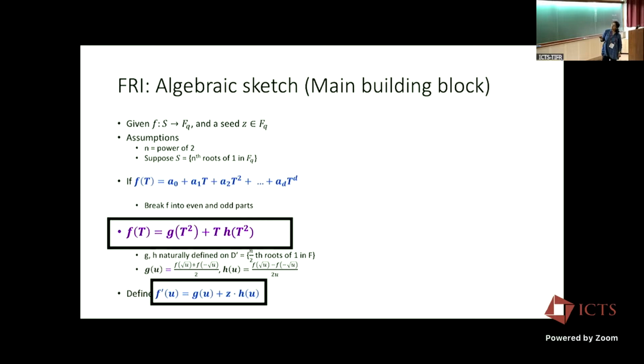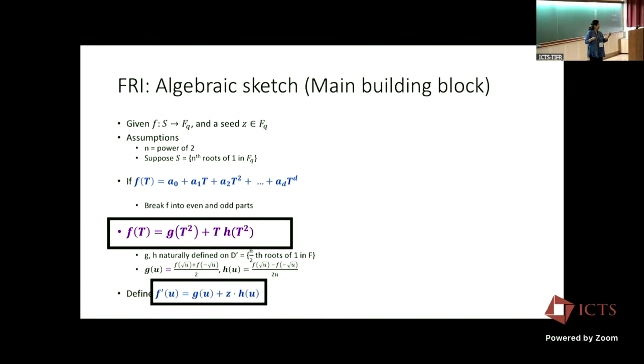So if f was a degree d polynomial, then just like you do in FFT computations, you can break f into its odd and even parts and write f as g of t squared plus t times h of t squared. You can find 2 polynomials, g and h. So if f is degree d, you can find g and h of degree d over 2.